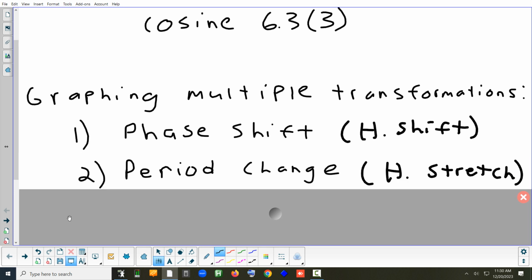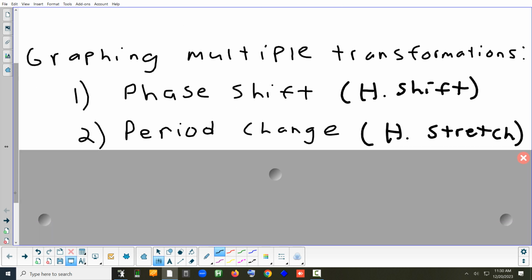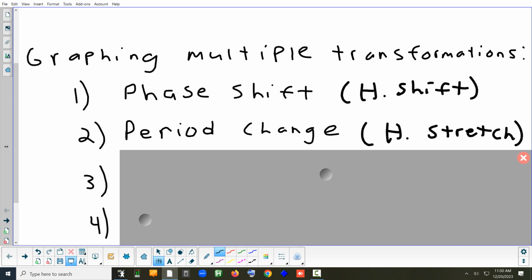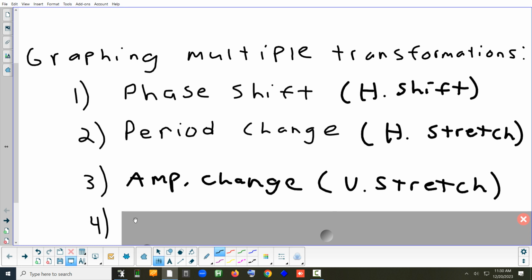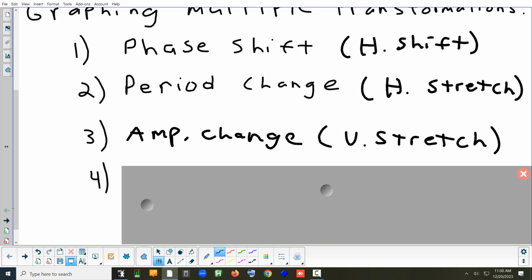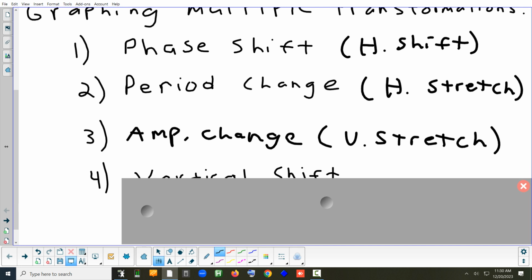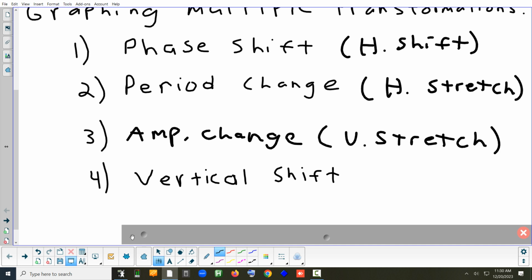Again, we call it a period change, but it is a horizontal stretch. You could have a reflection here, but I told you we're not going to do those. What's the third one? Vertical stretch. Okay, that's an amplitude change. It changes the height. And what's the last one? I don't think we had an alternate name. Vertical shift.